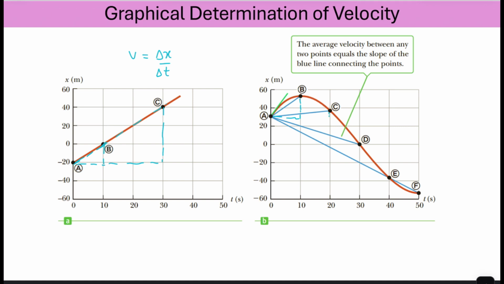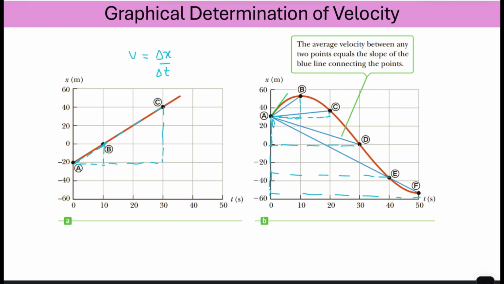This is the slope for A to B. This is the slope for A to C. And here we have the slope of A to D. And here we have the slope of A to E or A to F. So the gradient or the slope keeps on changing.